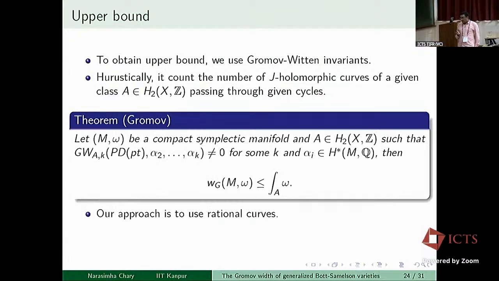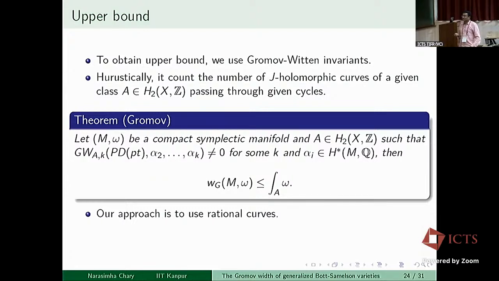What Gromov proved is that if you have a compact symplectic manifold and a given curve class, and this Gromov-Witten invariant is non-zero, that means there is such a curve, and it should pass through a point, at least one point.